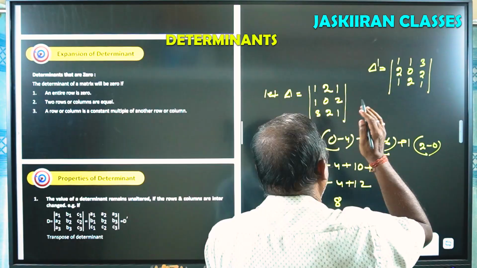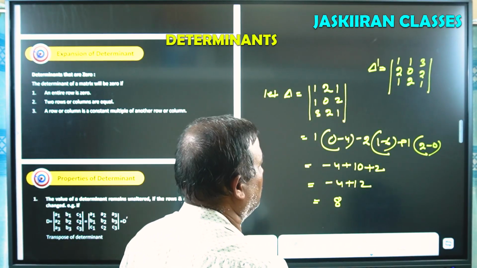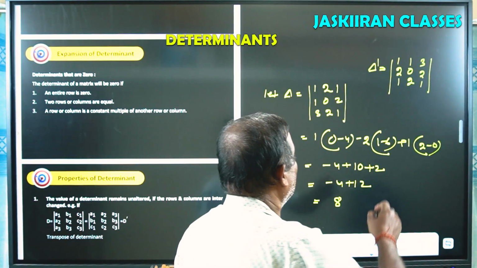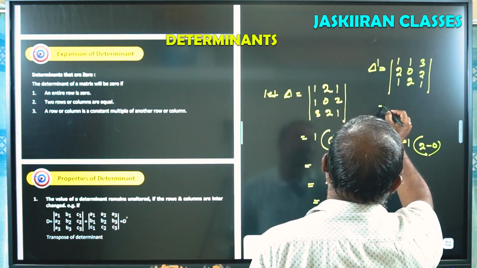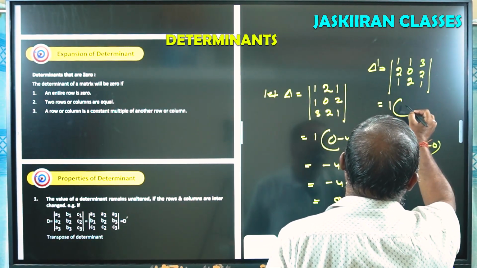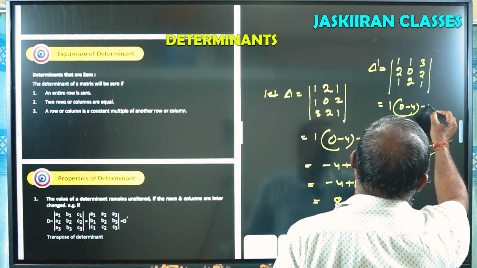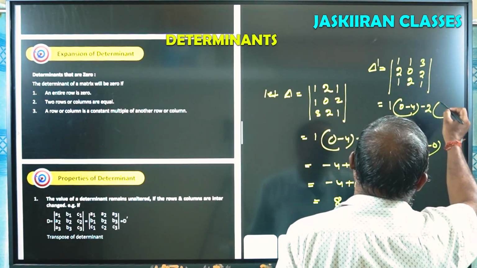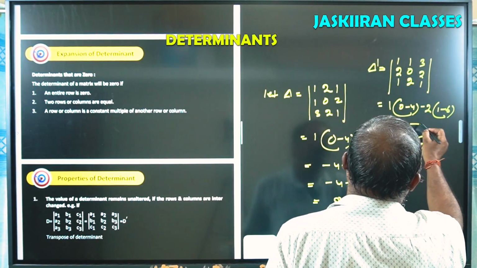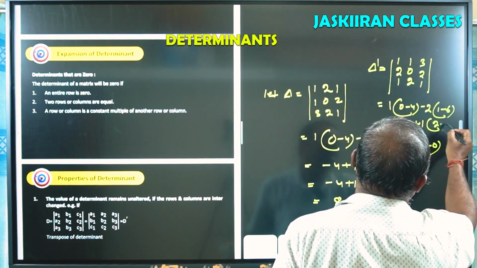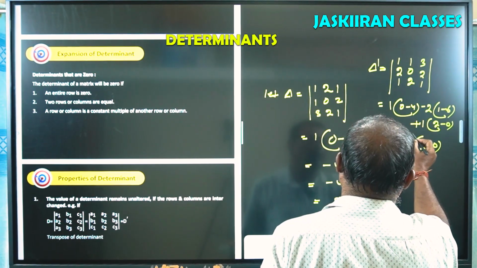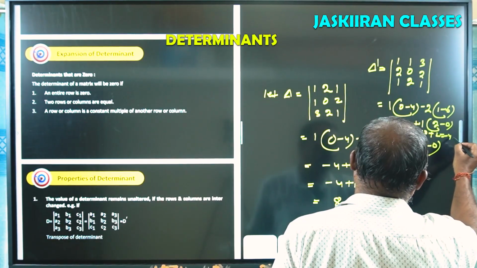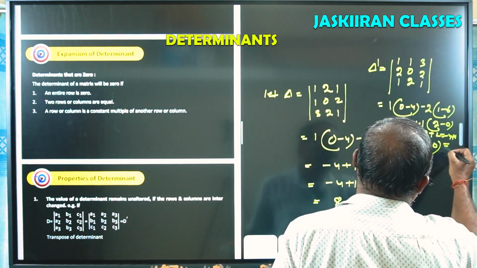Now, interchanging all columns and rows and expanding that determinant, we get 1 into 0 minus 4, minus 2 into 1 minus 6, plus 1 into 2 minus 0. So that is minus 4 plus 10 plus 2. That is minus 4 plus 12 equal to 8.